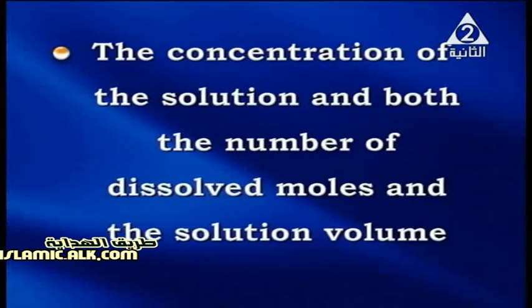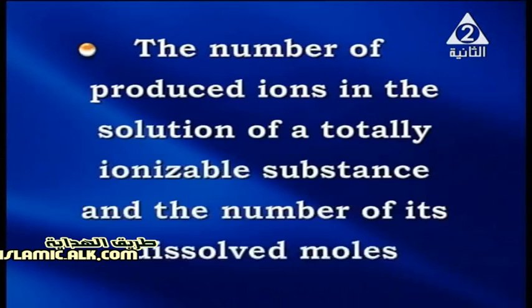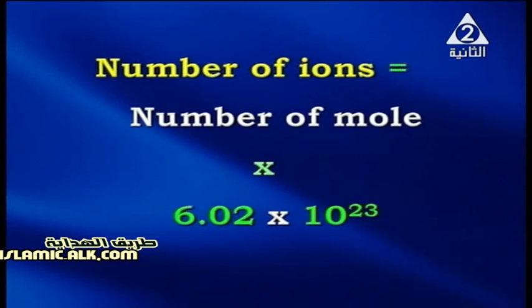Next one, the concentration of the solution and both the number of dissolved moles and the solution volume. Yes, the number of moles equals concentration times the volume. Next one, the number of produced ions in the solution of totally ionizable substance and the number of its dissolved moles. Yes, the number of ions equals the number of moles times 6.02 times 10 to the power 23.